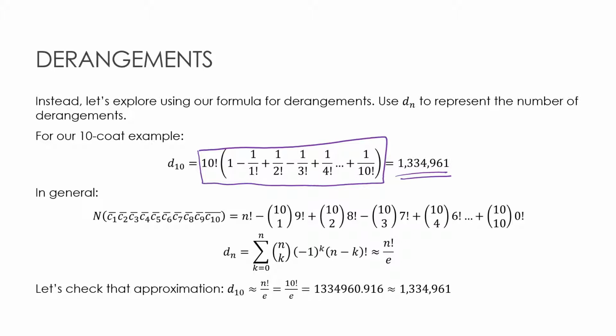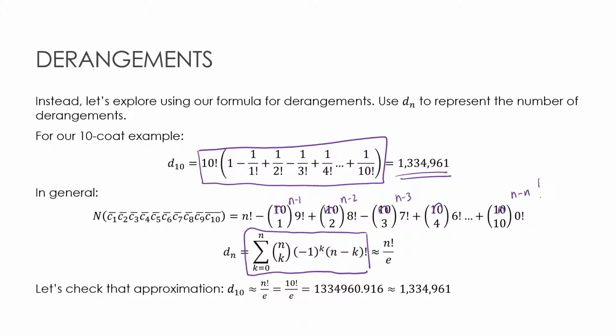And in general, where this is an n, I said in general, and then I made it for 10. This was n minus 1, this was n minus 2, this was n minus 3, etc., all the way down to n minus n factorial. So that's sort of the generalization, which can be written in a more succinct way like this.